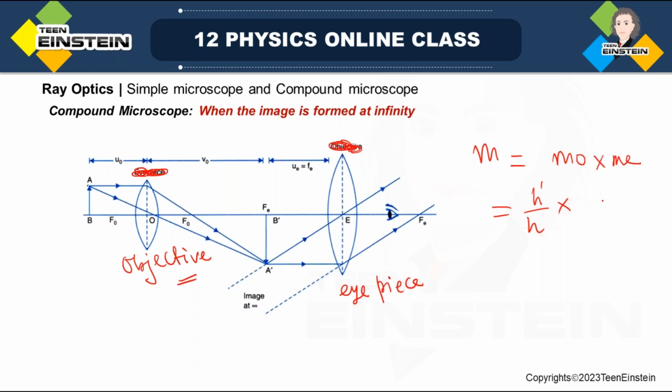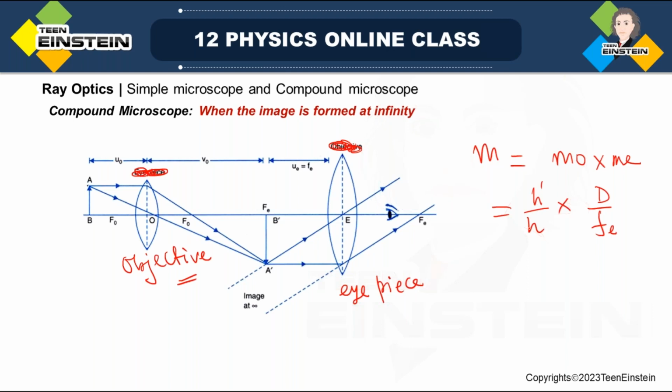The angular magnification due to the eyepiece will be D by Fe, D by Fe.